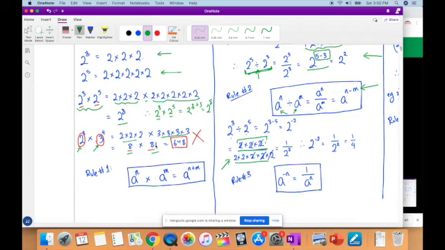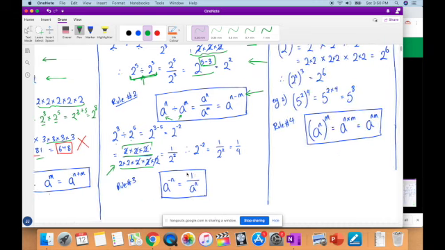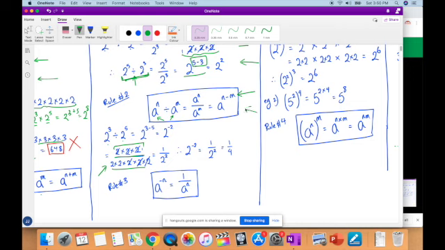Let's just recap. First, we did rule number 1, which is that if you're multiplying two of the same numbers, you add your indices. Rule number 2, if you are dividing two of the same numbers, you minus the indices. Rule number 3, if we have negative indices, that actually means that we have a fraction.